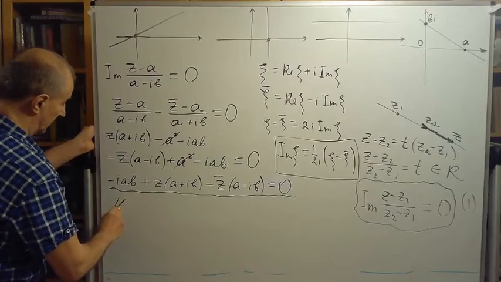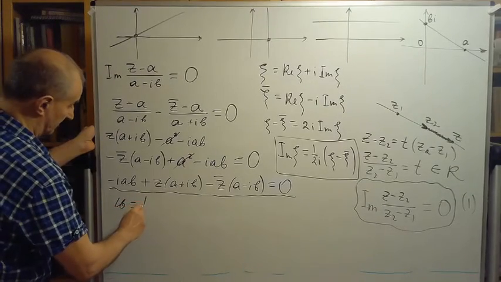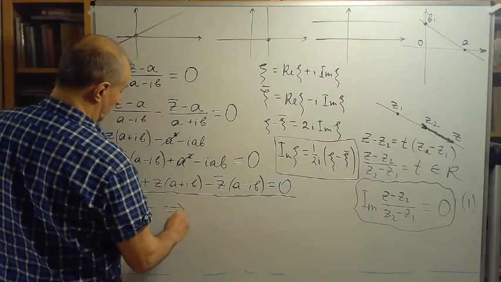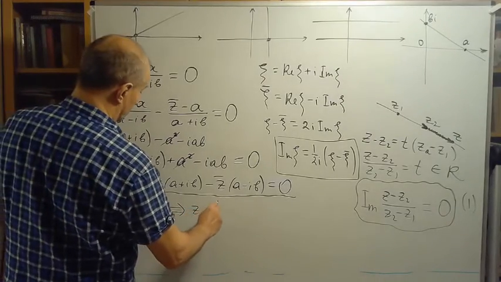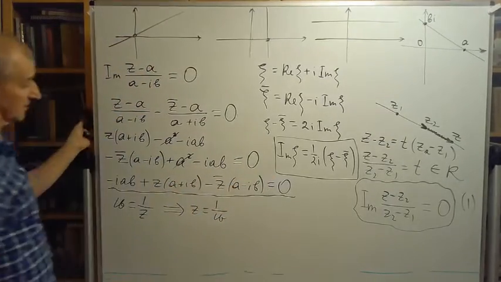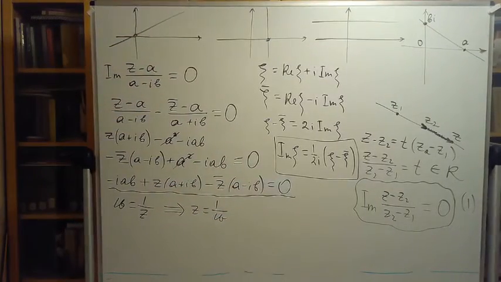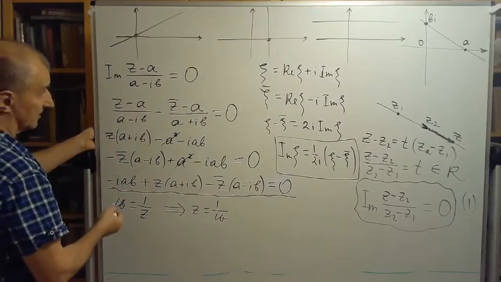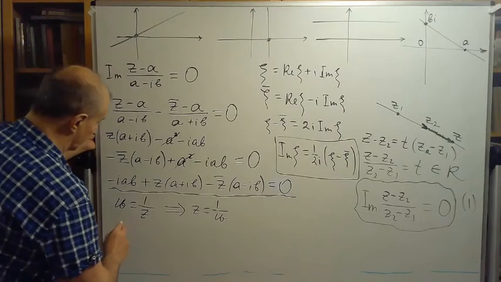And now we'll apply the inversion w equals 1 over z, which of course implies that z is 1 over w, which we will substitute into this equation, and then we will get our equation in terms of w. We will see what image will be in the transformed plane, in the w plane, right?